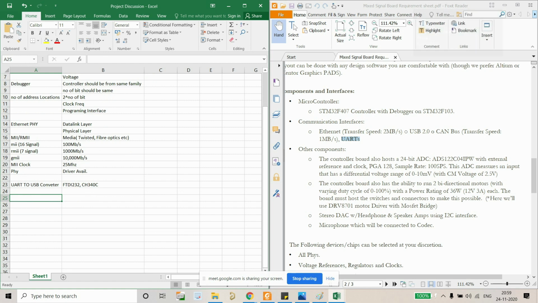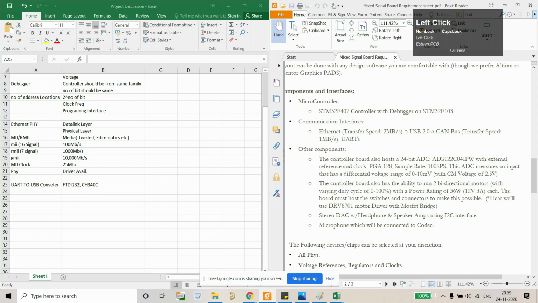Here I have defined this, and I will tell you why it has very useful features. I have also faced a few problems with this analog to digital converter, and I want to tell you those problems during the schematic design. That's why I've included this one also.